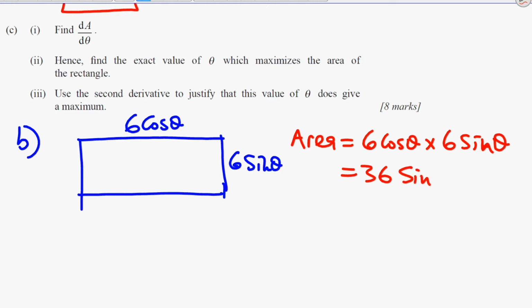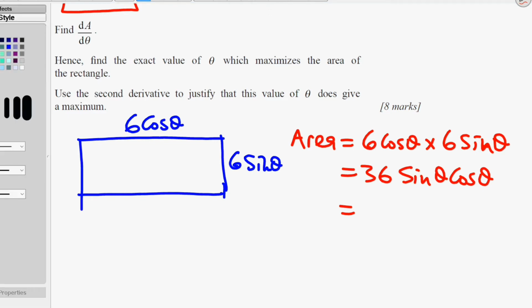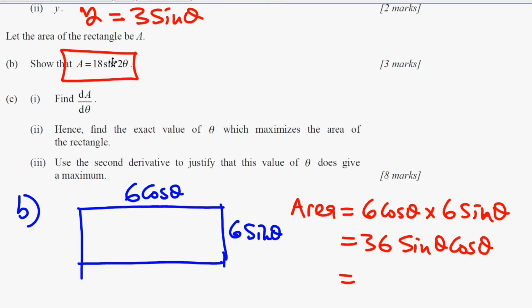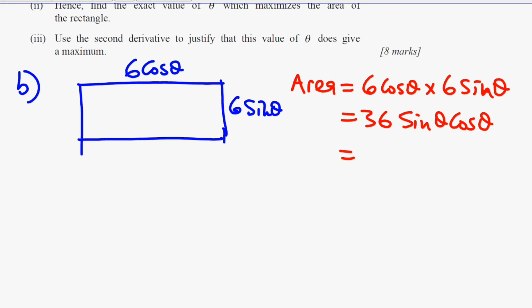sine theta cos theta. Because they're asking us to write this answer in terms of sine 2 theta, we have to find a way of rewriting that, which means this can be written as 18 into 2 sine theta cos theta. There's a reason why I am rewriting this.